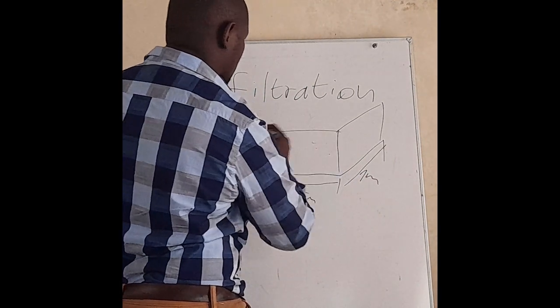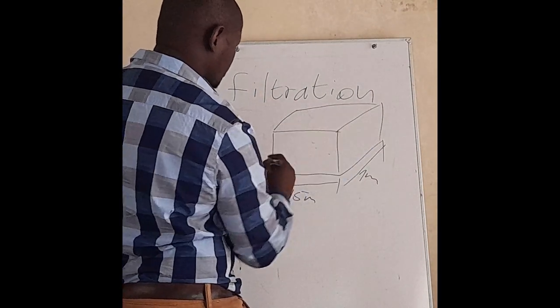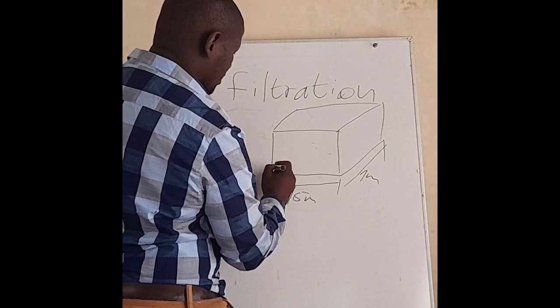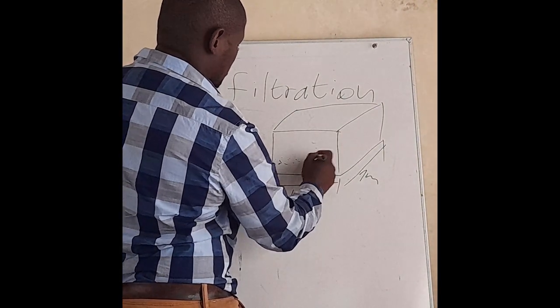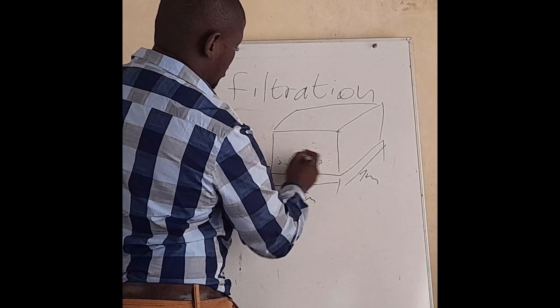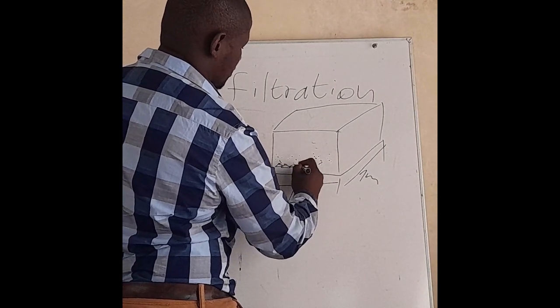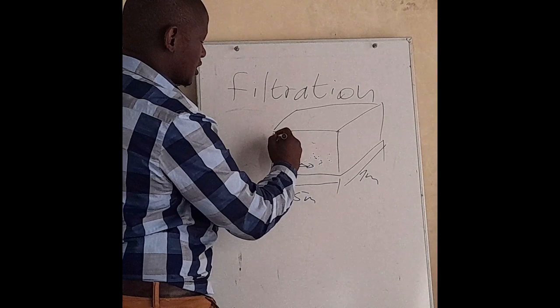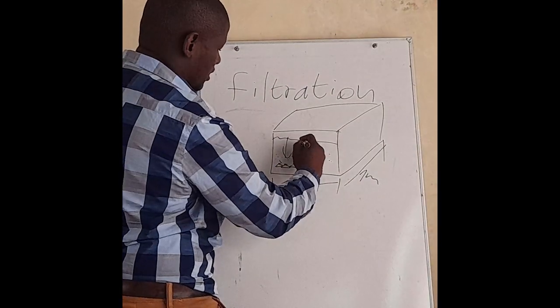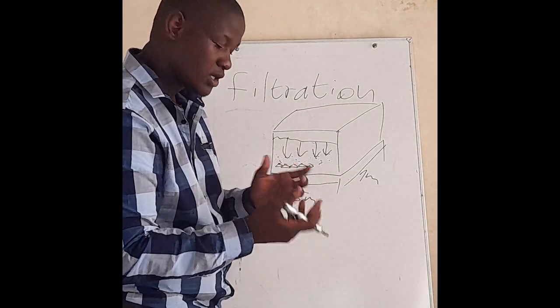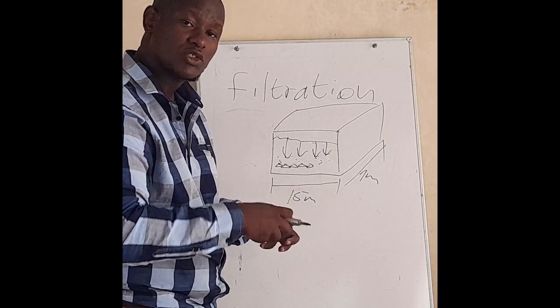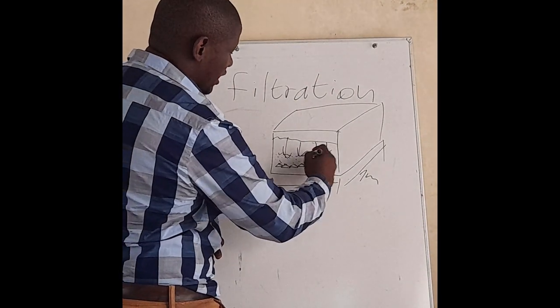That's our filter bed, and basically we have our sand. Below that we have our gravel. That's where the water is going to be filtering down from.